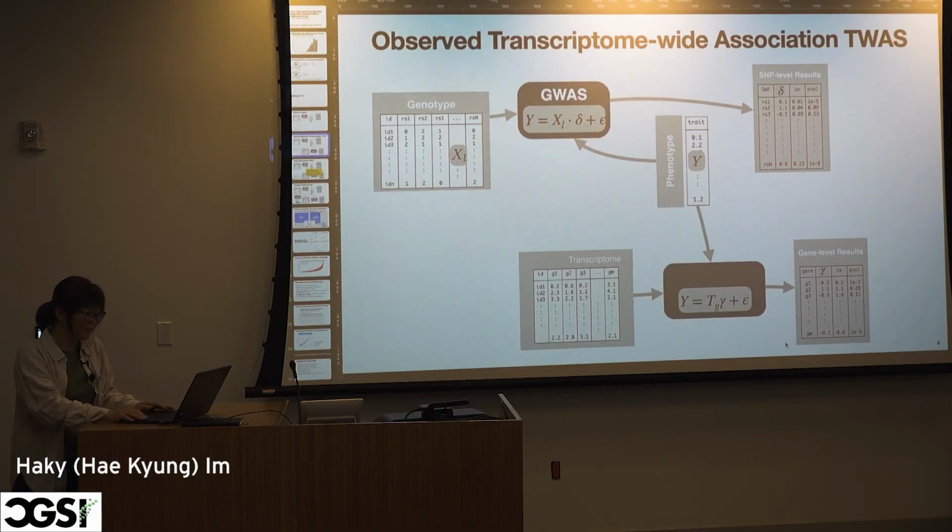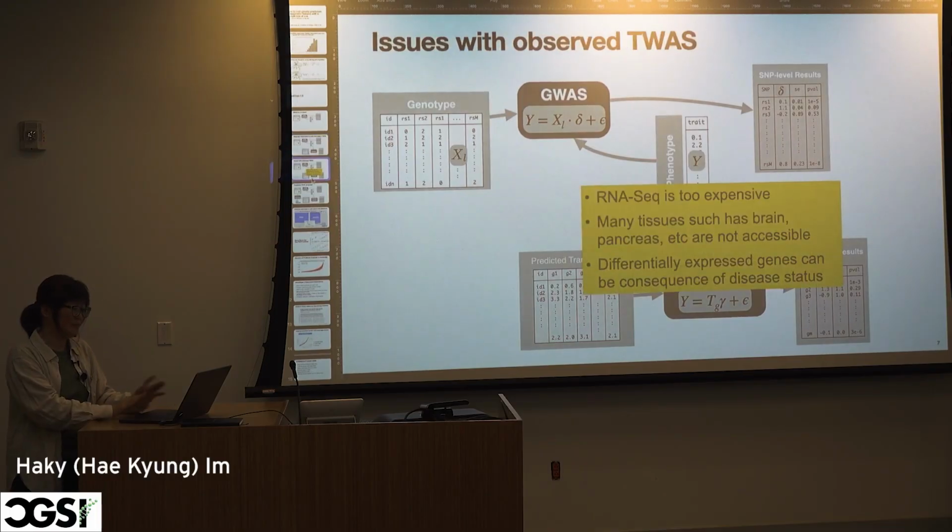So the problem with that approach is that measuring gene expression is a lot more expensive than genotyping individuals. And also, there are many tissues that are not accessible. You can't just take people and get a piece of their brain and sequence their RNA.